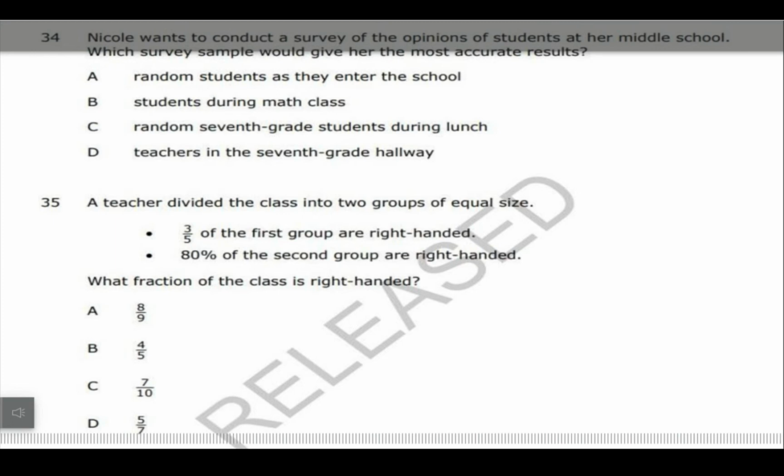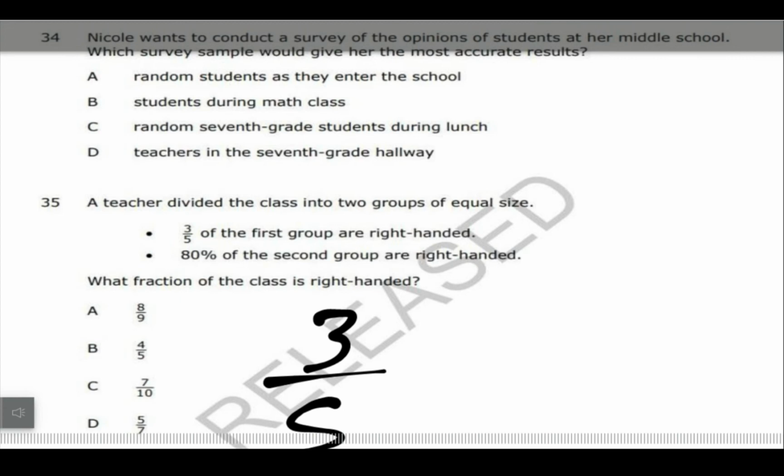All right, so in the first group we had 3/5. And then in the second group, we had 80%. So I'd probably want to convert that.